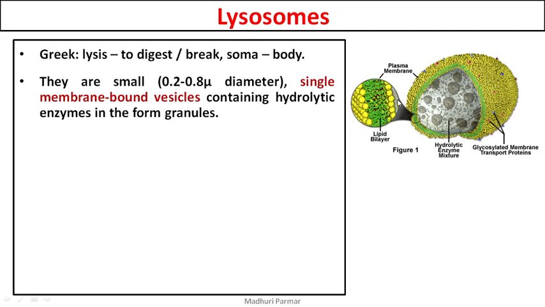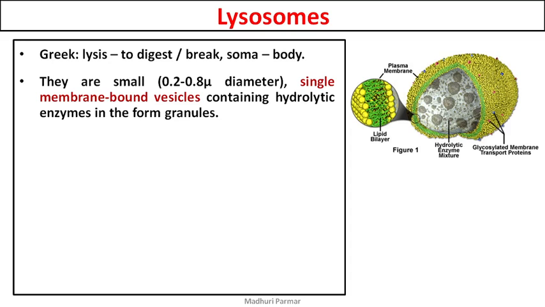So it is a single membrane bound vesicle containing hydrolytic enzymes in the form of granules. What we see inside is the hydrolytic enzymes. Now what are hydrolytic enzymes? From the name itself, now you know the meaning of lytic. Lytic means to break. Hydro means it comes from water. So hydrolytic means the enzymes which break the molecule, break the substrate, with the addition of one molecule of water.